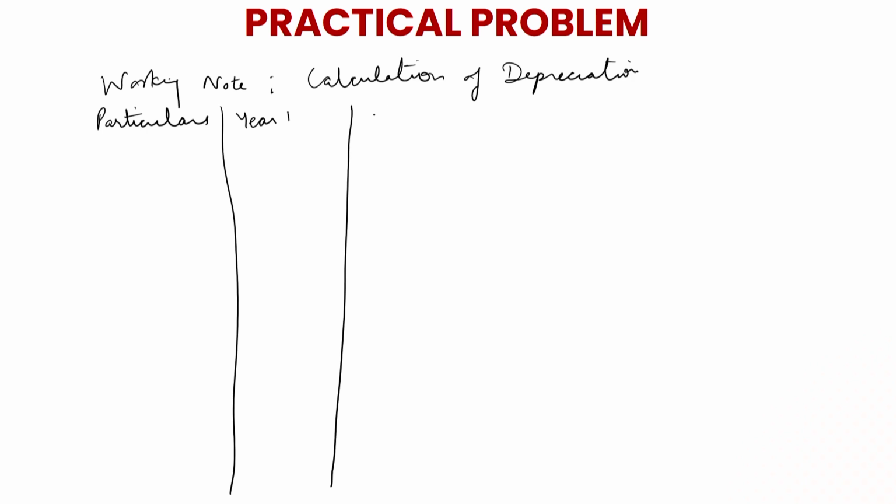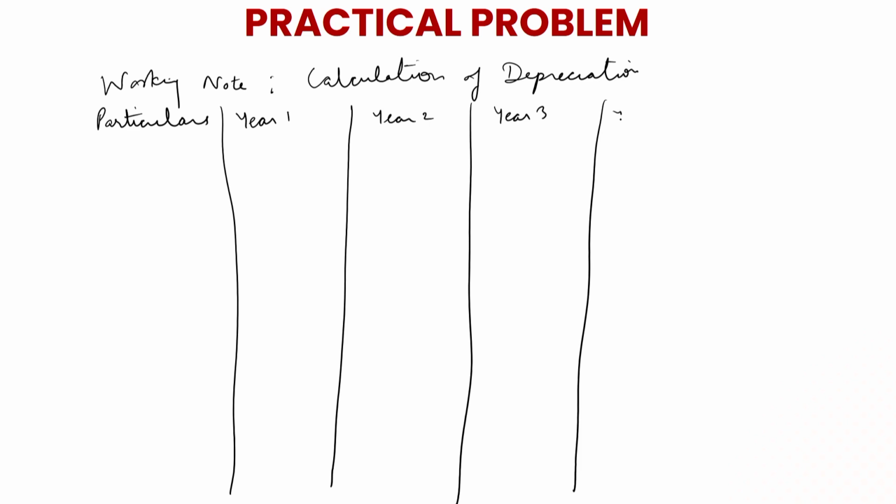Again, we take up the particulars in column 1, then year 1, year 2, year 3, year 4 and 5.